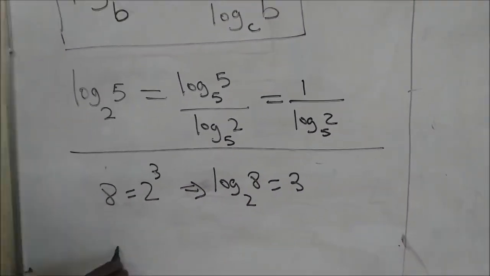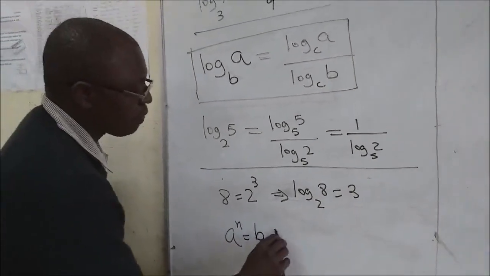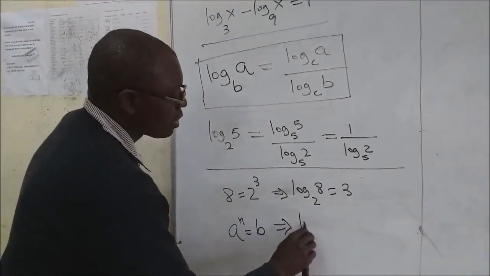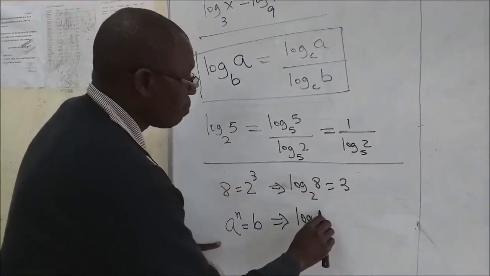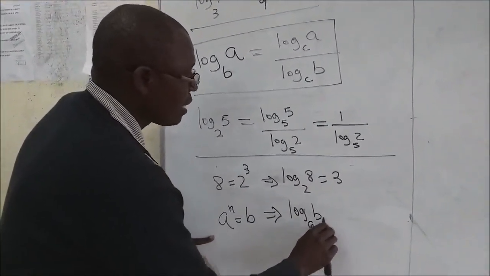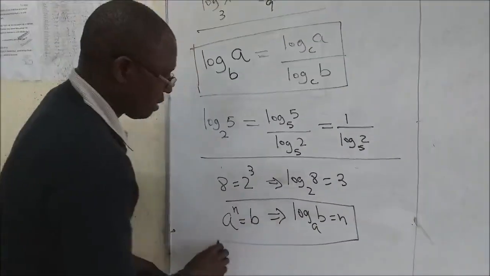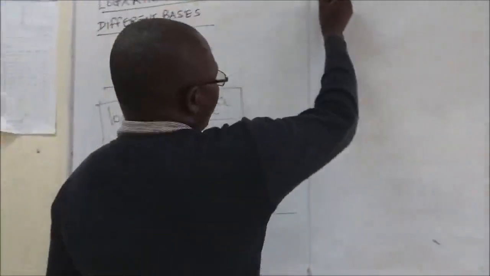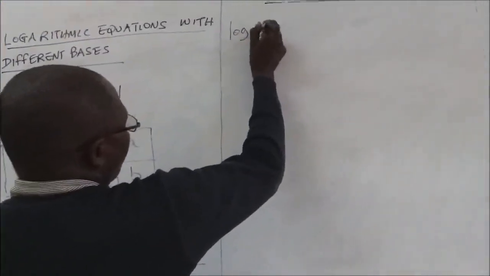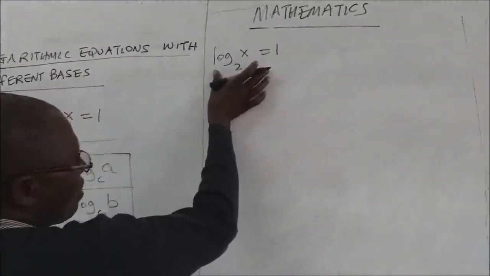The rule is that if I have a to the power n equals b, this is the same as log of b to base a equals n. And this again is a very important rule. For example, if you are given log of x to base 2 equals 1, this is a logarithmic form.